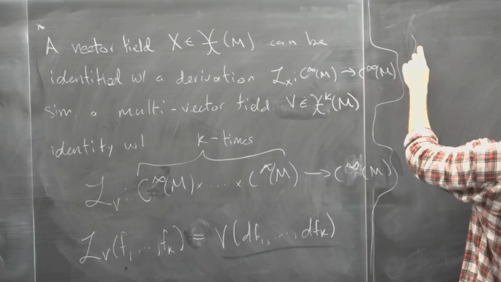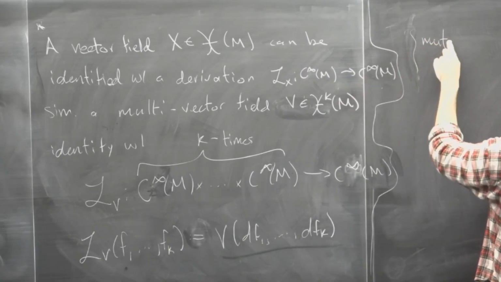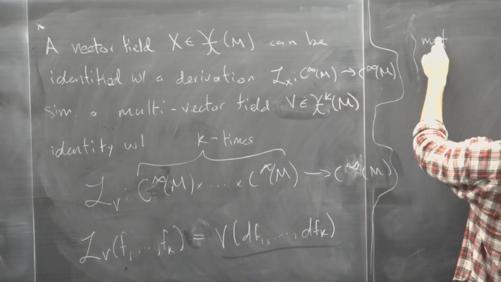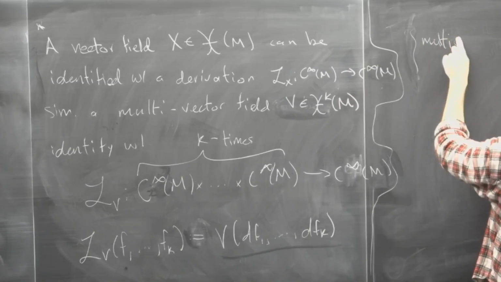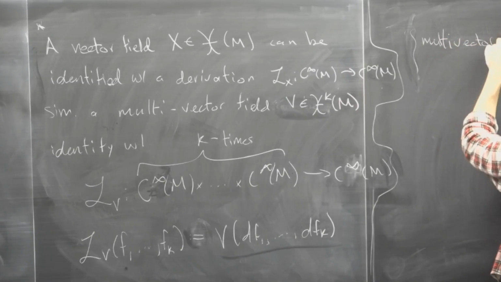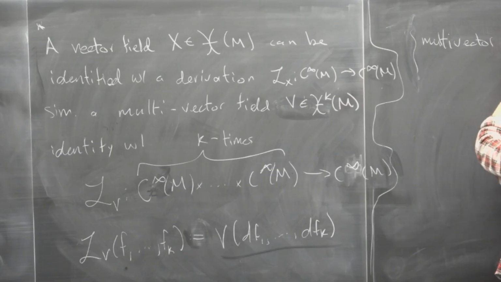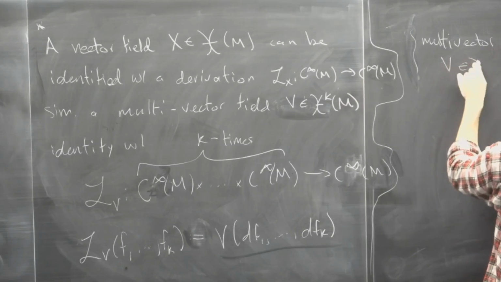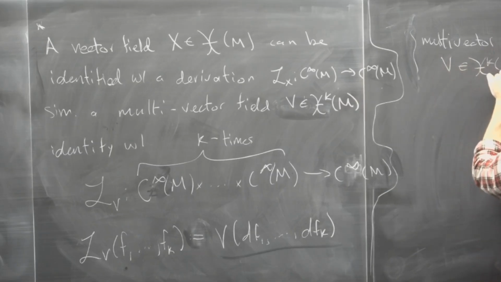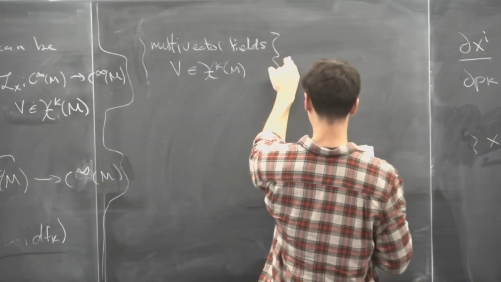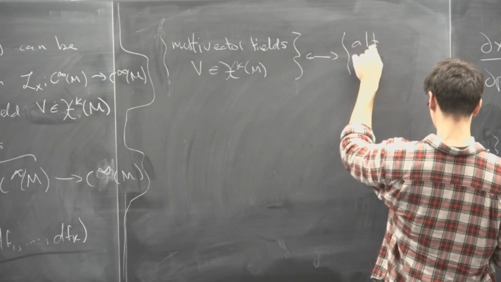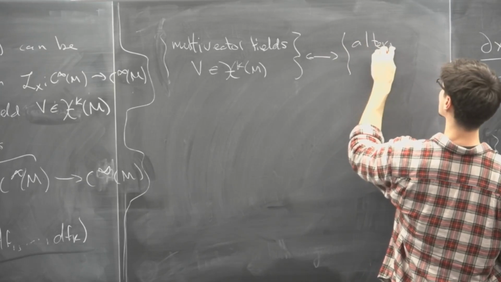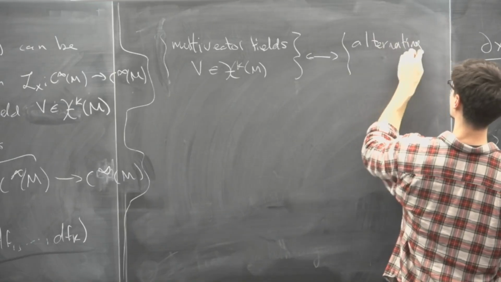So we have a one-to-one correspondence, just like we did with the vector field, multi-vector fields corresponding with alternating multi-derivations.